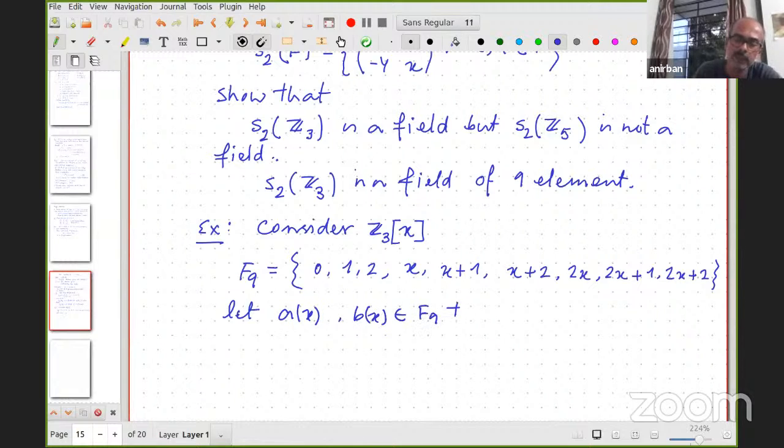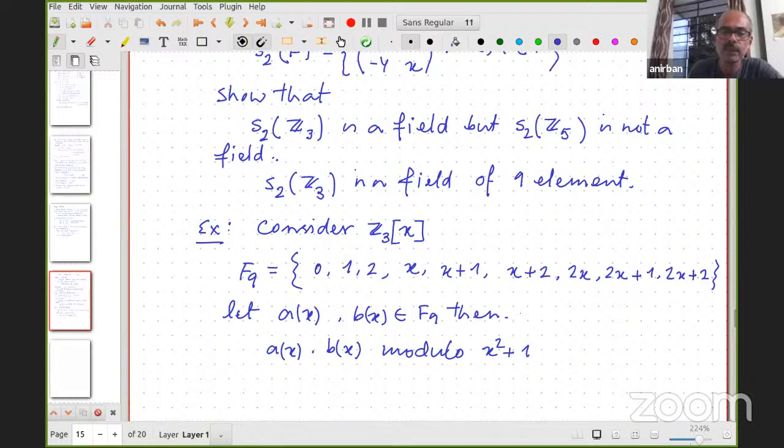Then the multiplication is defined as follows. You multiply them as polynomials, so just use polynomial multiplication and then read it modulo x square plus 1.